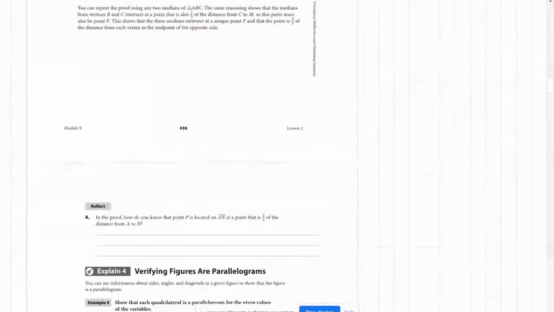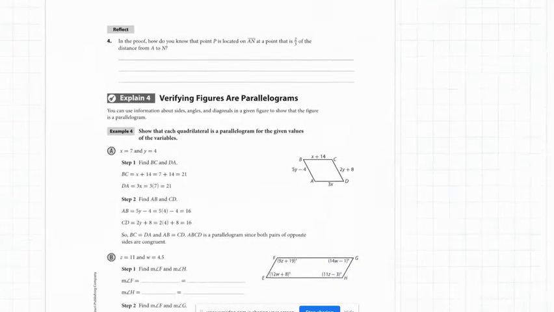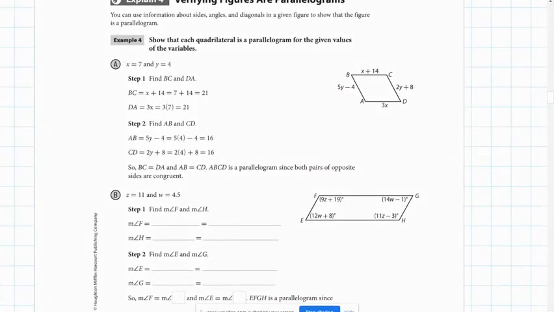Let's go through page 437, examples A and B. In example A, it says show that each quadrilateral is a parallelogram for the given variables. If you plug in x equals 7 and y equals 4, if y is 4, then this side is 16 and this side is 16.